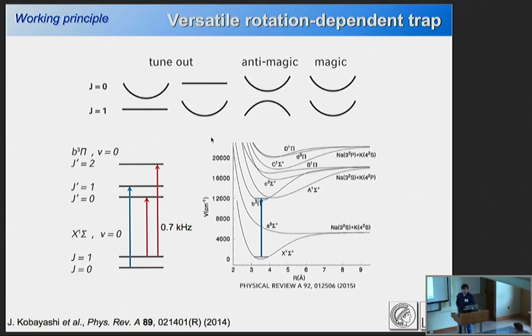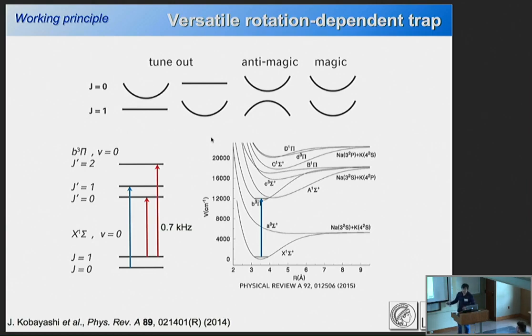For example, you can address some spin state without changing the other spin state. You have magic condition or anti-magic condition. This will be useful to generate entanglement between particles. There are a lot of proposals that I just don't want to mention. So there's such an idea.